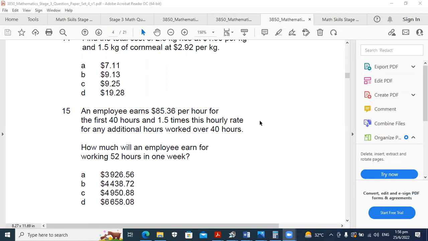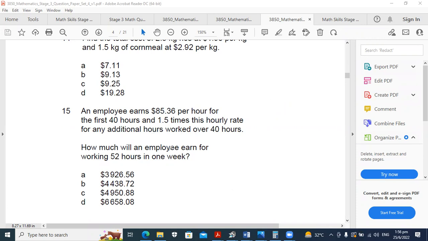For this question, an employee earns $85.36 per hour for the first 40 hours and time and a half this hourly rate for any additional work hours over 40.